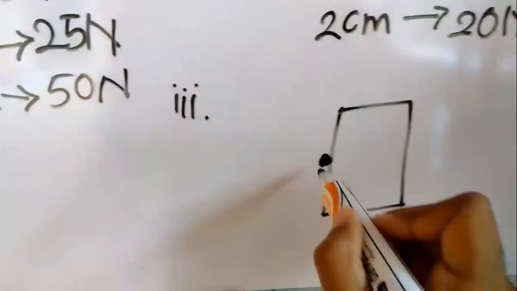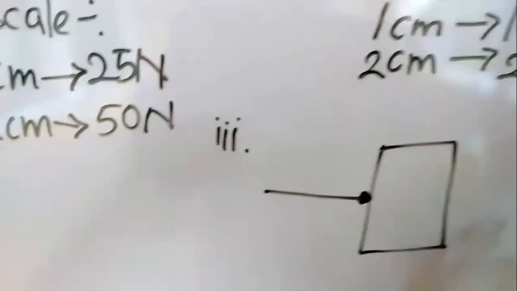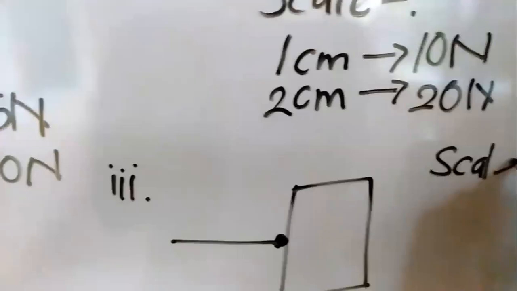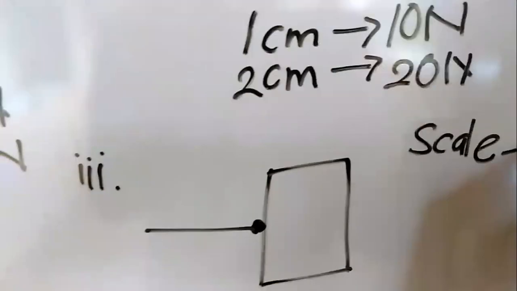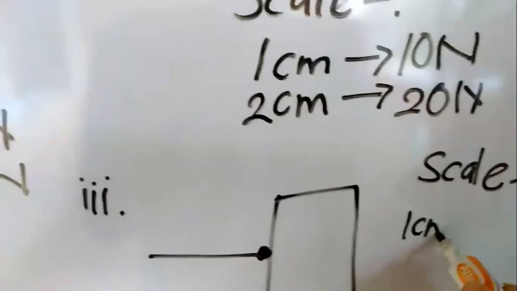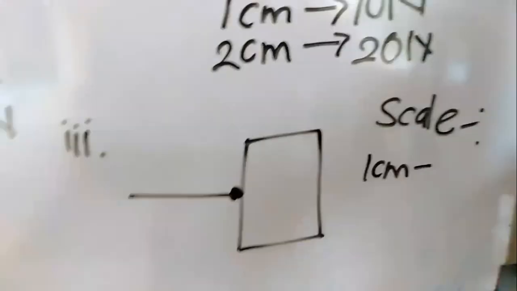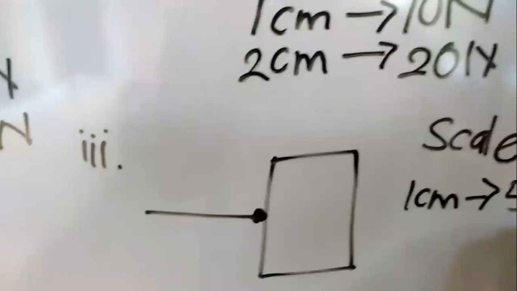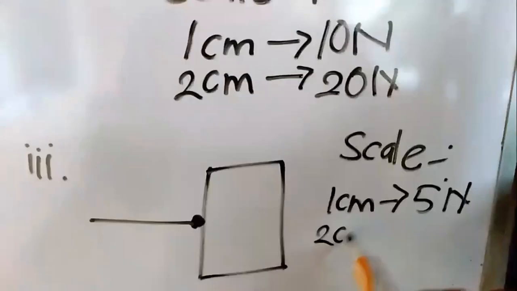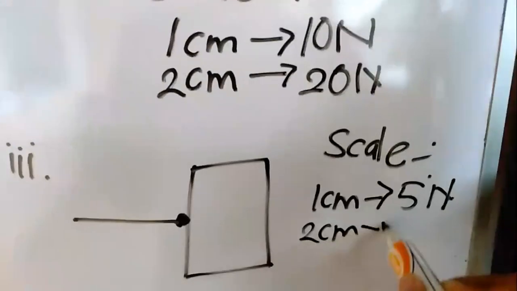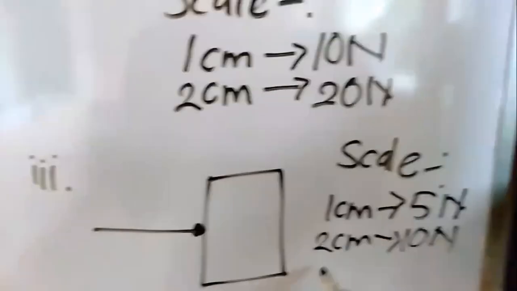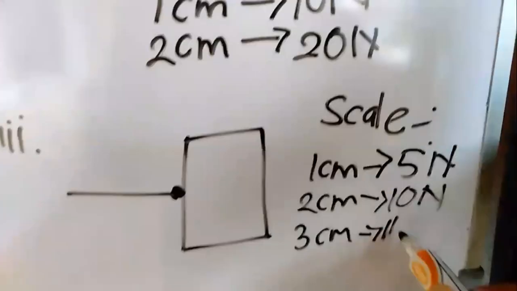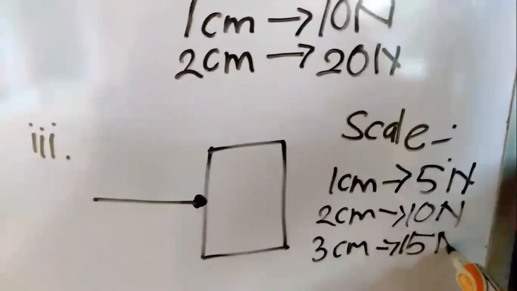Then in here also I'm writing scale, 1 centimeter represent 5 Newton. 2 centimeter represent 10 Newton. 3 centimeter represent 15 Newton.